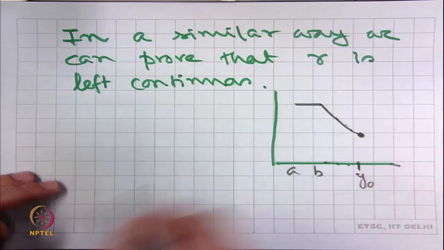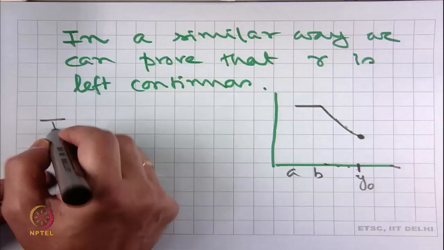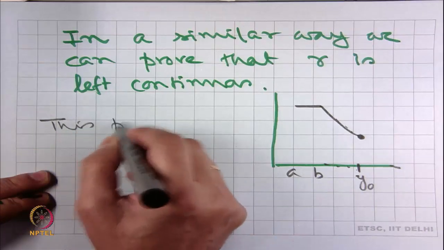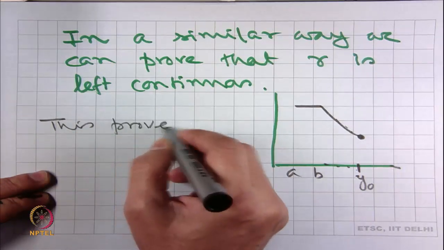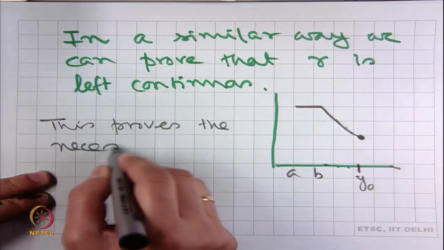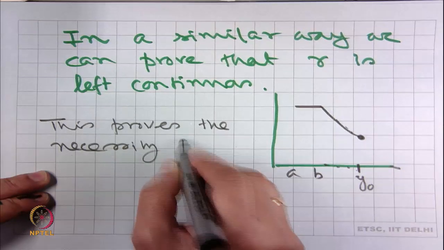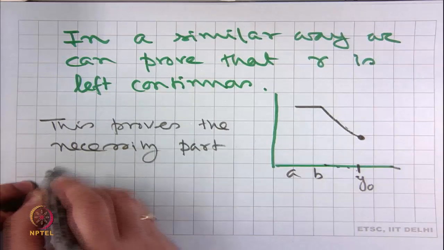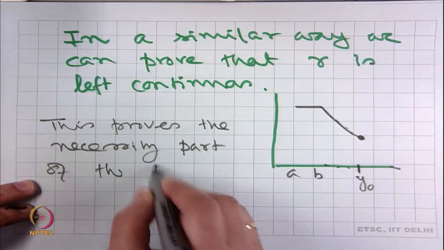Therefore, R is going to be left continuous. So, this proves the necessity part of the theorem.